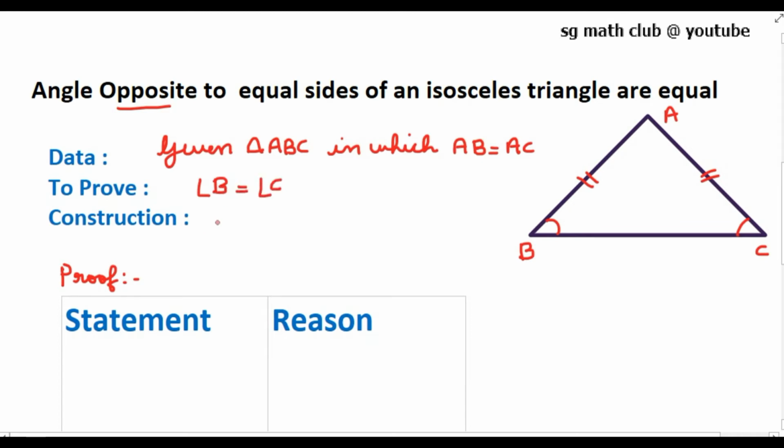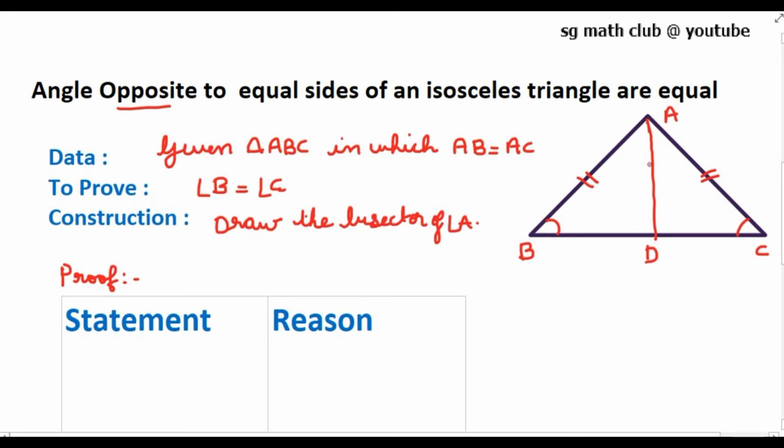Now construction, we need to draw one construction. That is, we are constructing a bisector of angle A. So the construction part is: draw the bisector of angle A. So I am going to draw the bisector of angle A. Let it meet BC at D. So this is the construction we are doing.